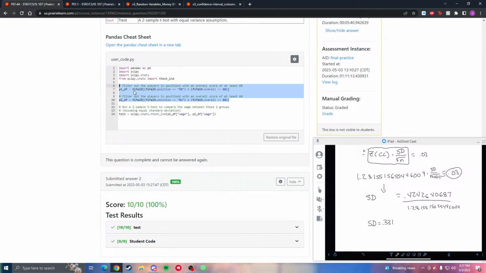So we filter to get the positions with overall greater than or equal to 60, and then compare the wages of our P1 and our P2 using this function, and there's the syntax for the function. That makes sense?